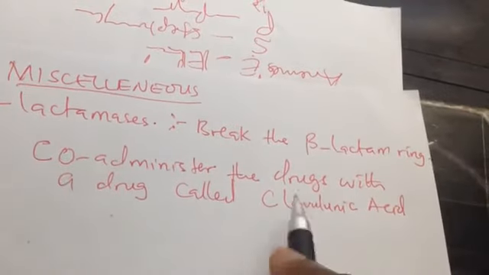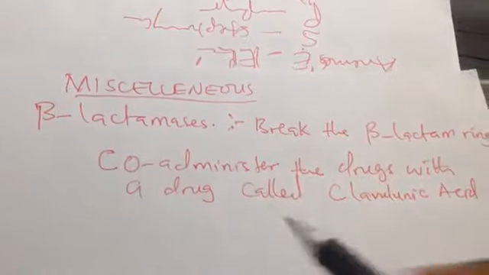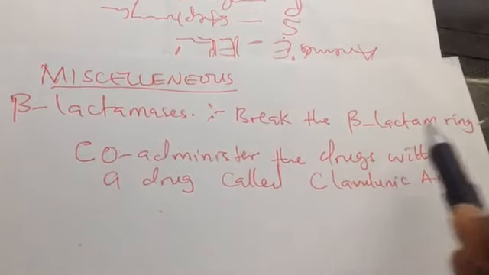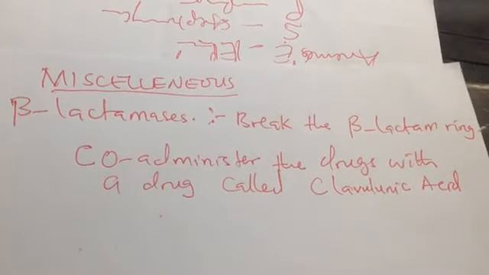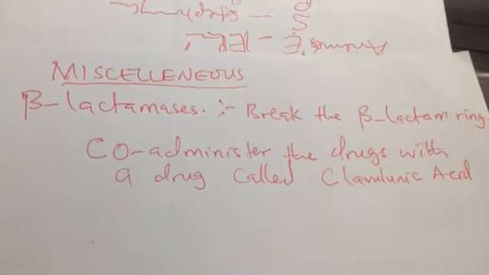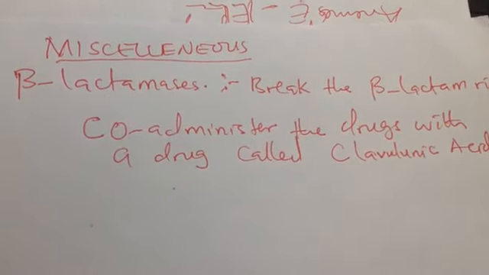So this clavulanic acid can inhibit these beta lactamases, so that the beta lactamases can no longer break the beta lactam ring in the drug, that is in the penicillin or the cephalosporin, allowing the cephalosporin and the penicillin to kill the bacteria. So this is the end of this lecture about cephalosporin.